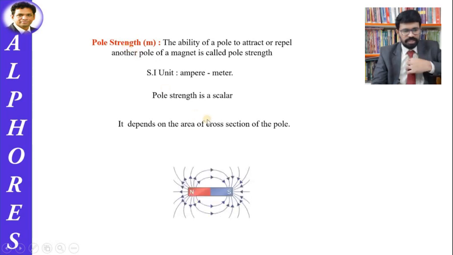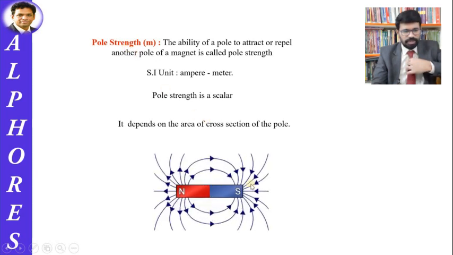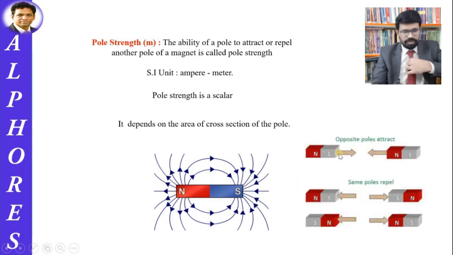The more the number of lines here, the more the south pole strength. If more lines are present here, the north pole strength is more. If pole strength is more, they attract rapidly and they repel rapidly. There will be a high degree of repulsion and attraction if pole strength is more.